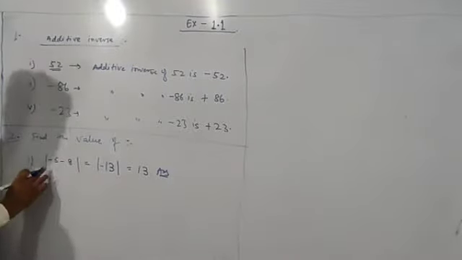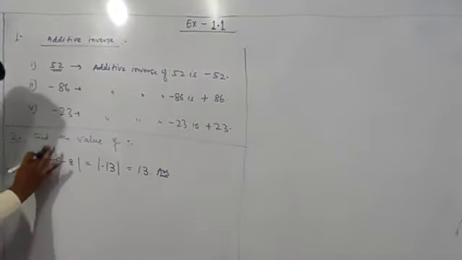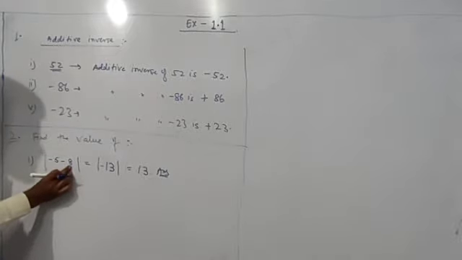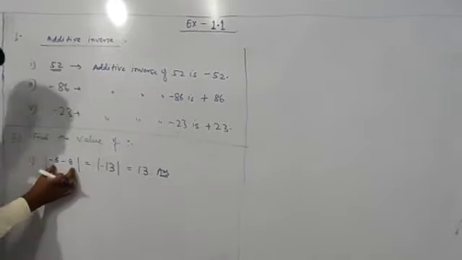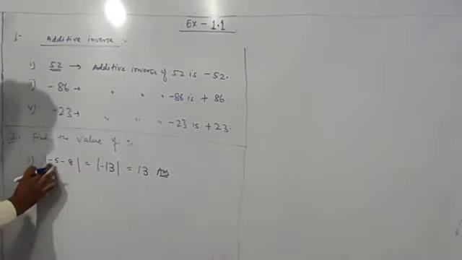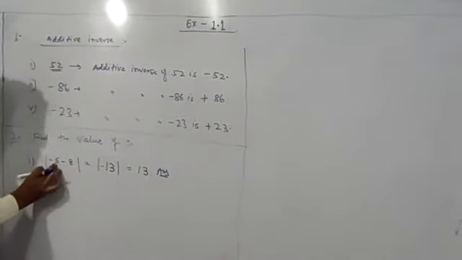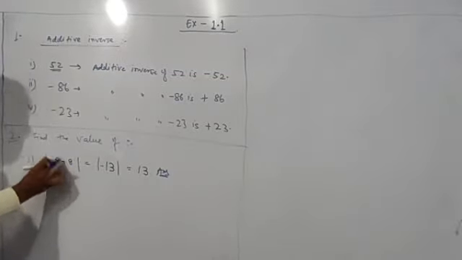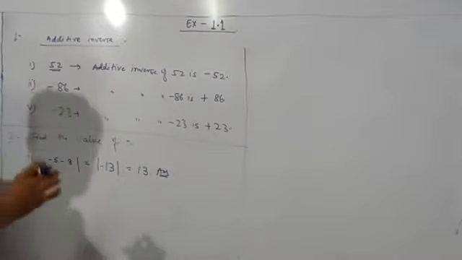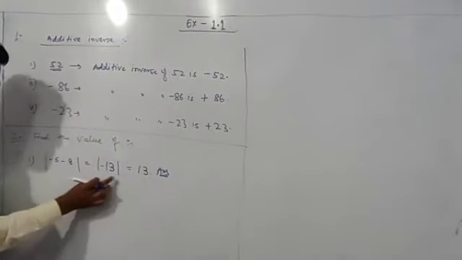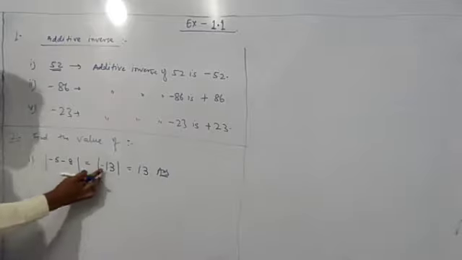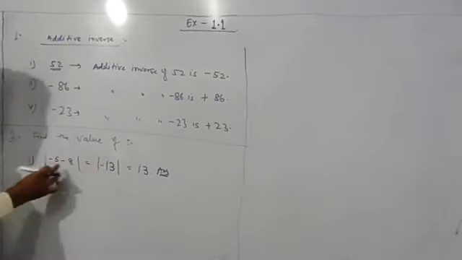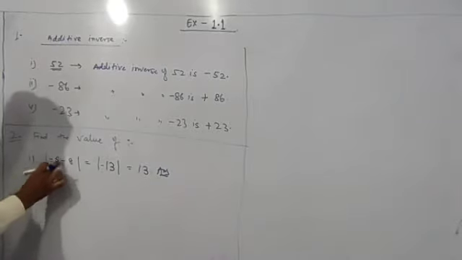Look once again: mod of -5 -8. The first step is to simply add these two values. 8 plus 5 is 13, and the sign before 13 is minus, because both values are minus.